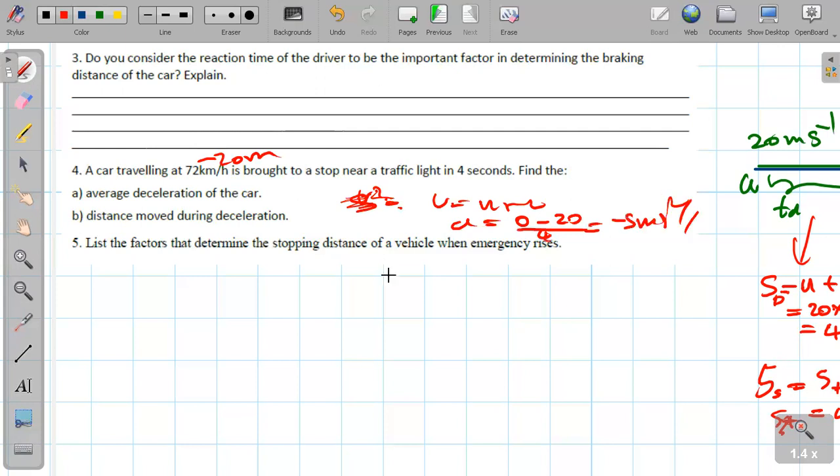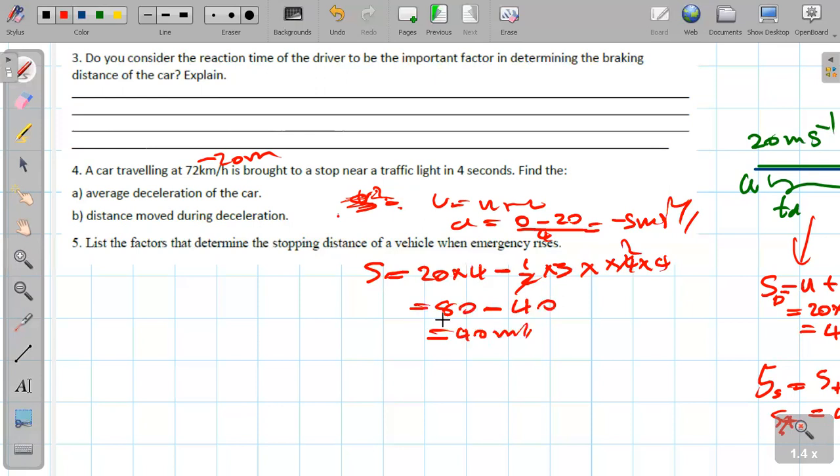Distance moved during the deceleration, s equals ut minus half at squared, which is 20 times 4 minus half times 5 times 4 squared. That is 80 minus 40, which is 40 meters.